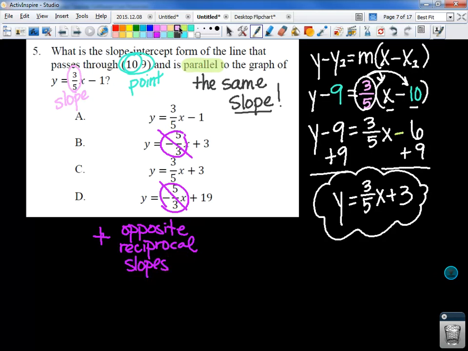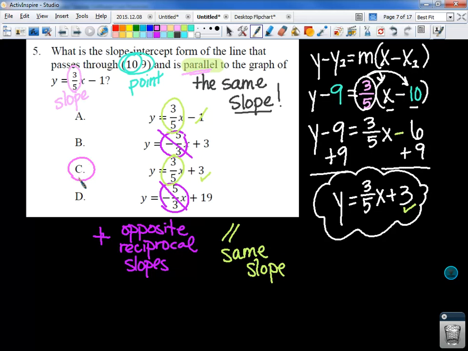But parallel lines have the same slope. So here's a 3/5, here's a 3/5. This one has a y-intercept of 3, just like we found algebraically, and this one does not. So our answer should be C.